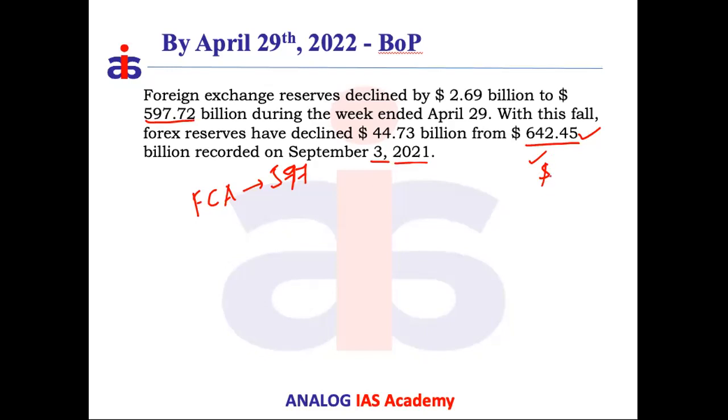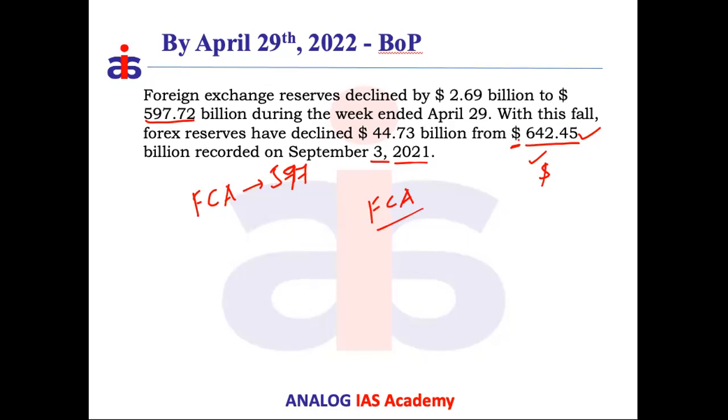What are the different currencies and how many currencies is the RBI maintaining? RBI will never reveal it to anybody, so nobody will have that information. But at the end, they will give you a number by converting all of them into dollars. That is the value of total reserves in the Indian foreign currency account maintained by the RBI. Okay, clear.